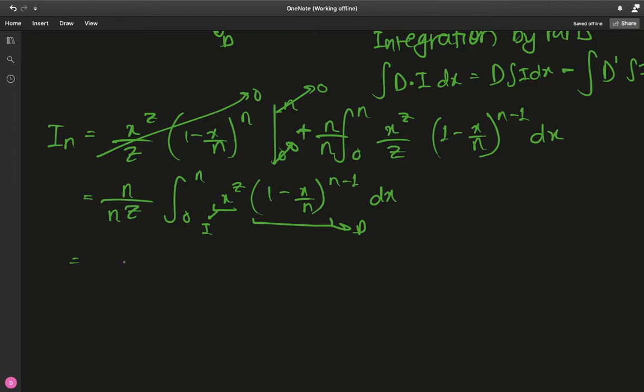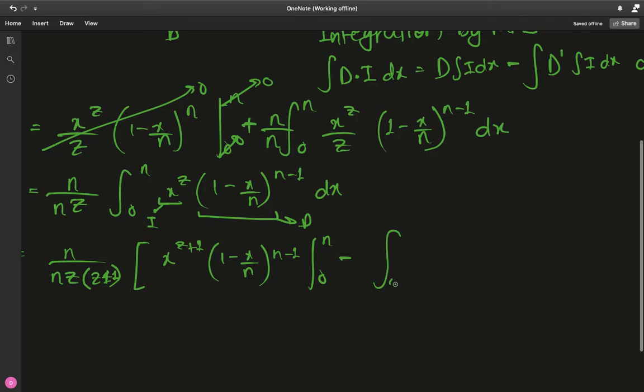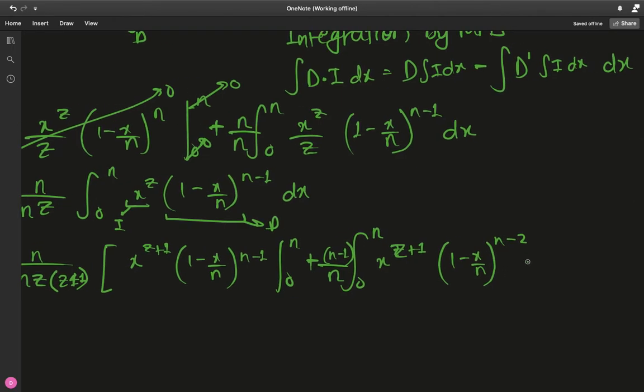So now we are left with n over nz divided by the new coefficient of z after anti-differentiation, which is z plus 1, and we have x to the z plus 1 times 1 minus x over n to the n minus 1 power evaluated from 0 to n minus integral from 0 to n of, bring the old power down, so we have n minus 1 out like this, divided by this negative 1 over n, negative negative will be a plus, and we have x to the z plus 1 because we anti-differentiated it, and 1 minus x over n to the n minus 2 because we are differentiating this dx.